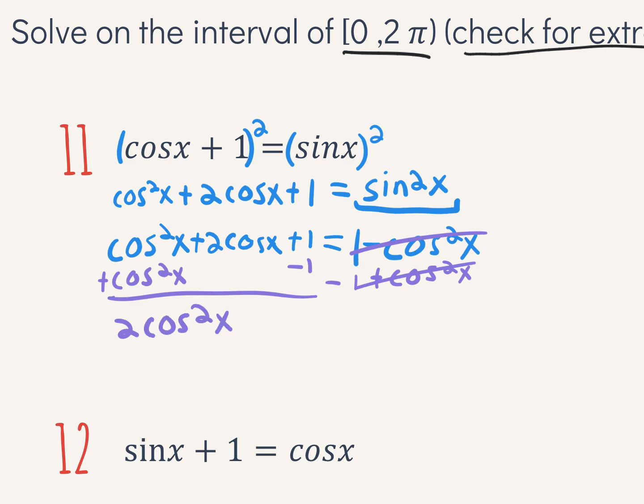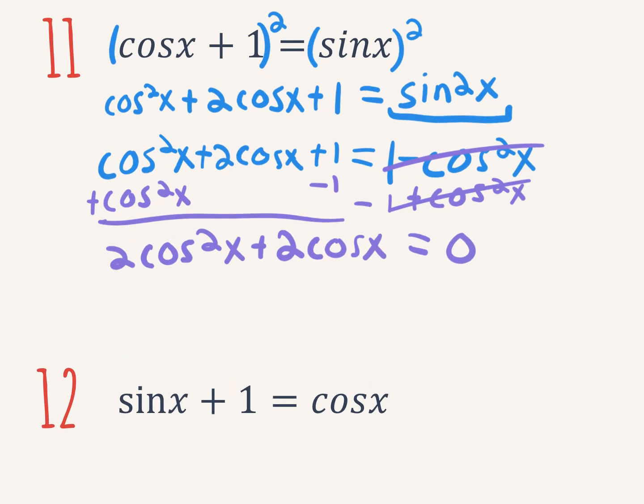Then we have a plus 2 cosine of x equals 0. All right, what does it look like we can do now? Yeah, take out a common factor. What is it in this case? Yes, right, 2 cosine x. And then you're left with just cosine of x plus 1 equals 0.